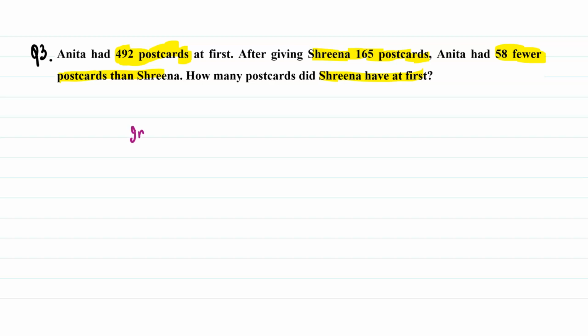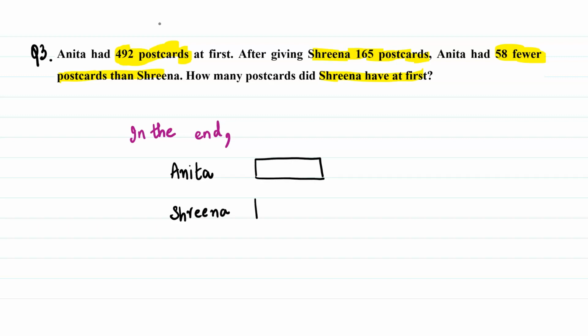So we can write down that in the end we have Anita and Shrina. If Anita has fewer, her bar should be smaller compared to Shrina.